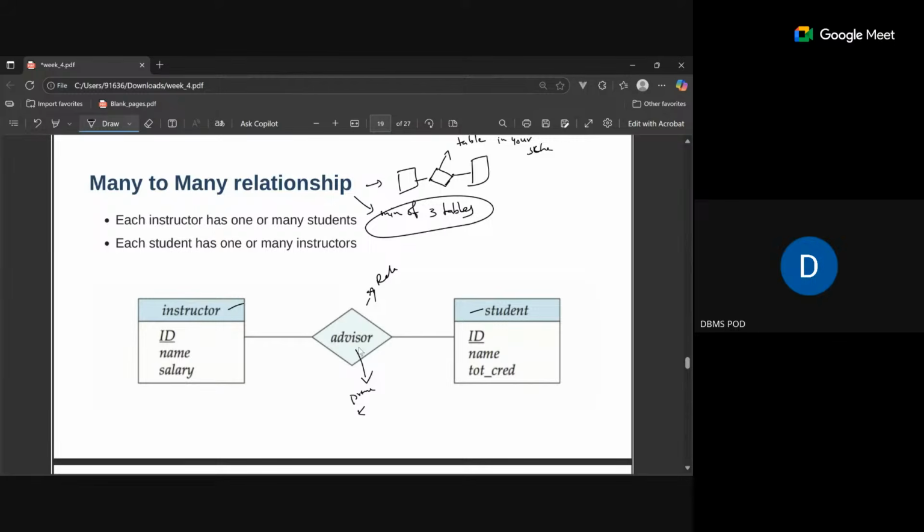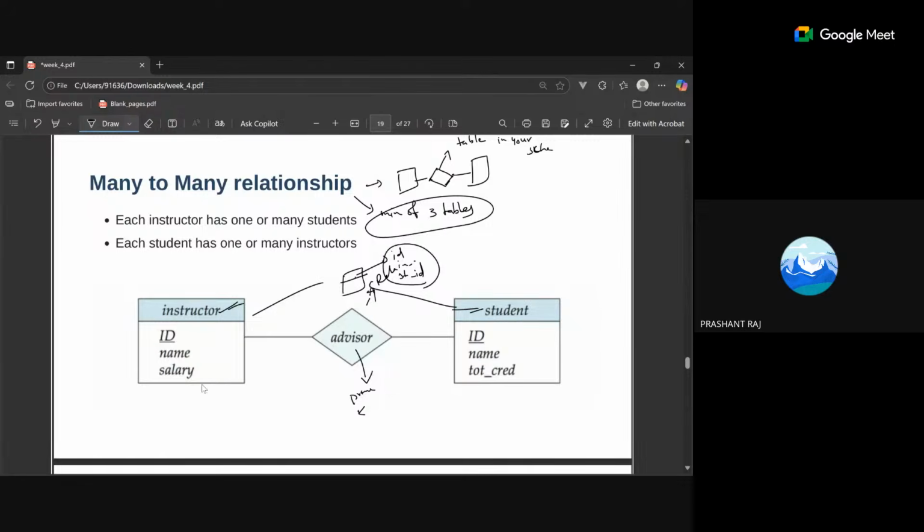So typically, you can consider this as a third table, not visually using the ER diagram, but there will be some intermediate table between instructor and student to join them, something like this, and it will have some ID, an instructor ID, and a student ID. All it will have is these primary keys to ensure both of the tables are being joined.